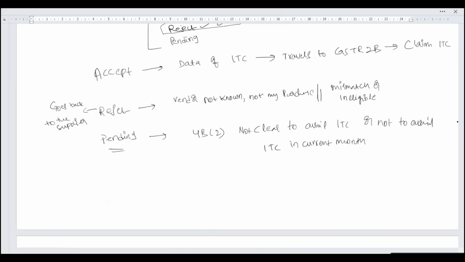So, the government said that out of your total population, assuming this is your GSTR-2B, which is auto-populated, you do an option called accept, reject, pending. Out of this population, you get an updated GSTR-2B.